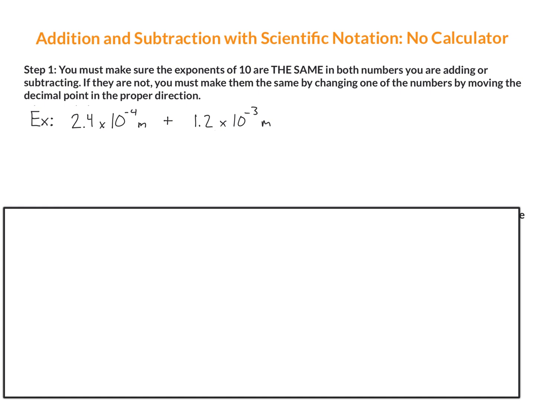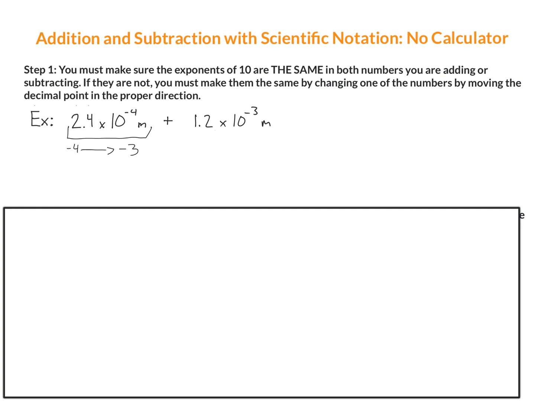So, let's do it. So if I want to make negative 4 into negative 3, we ask ourselves, is that making the exponent larger in value, or is it reducing its value?